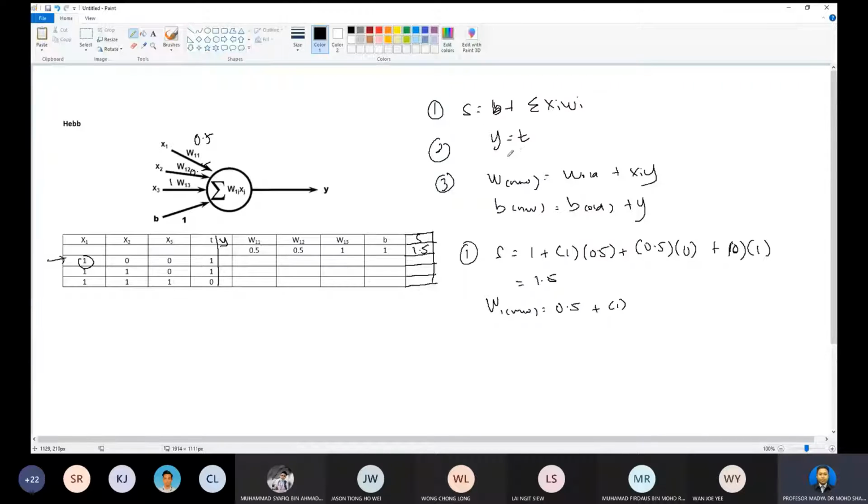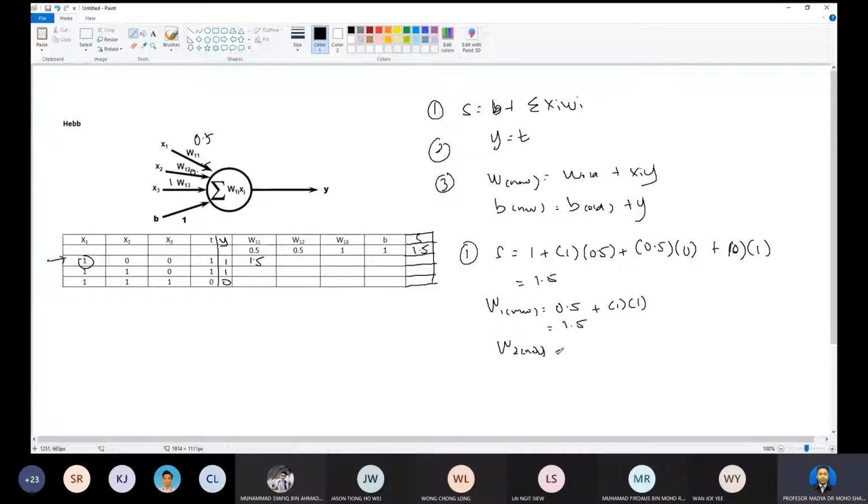The condition of the McCulloch, y equals t, so this means it will be the same. Multiply by y equals 1, so 1.5. Here will be 1.5.